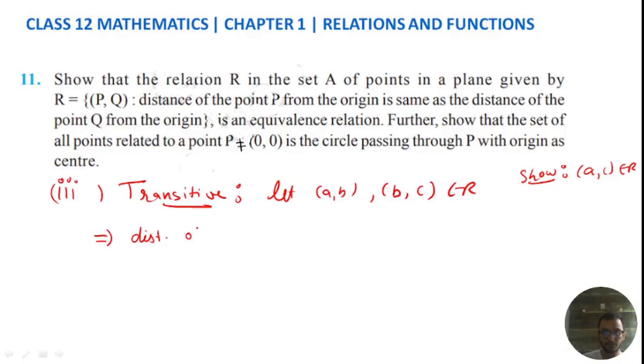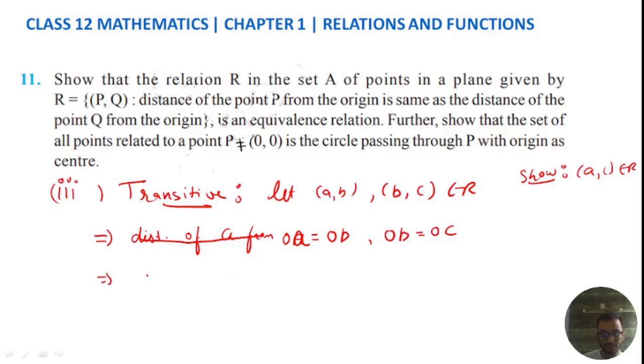So the distance of a from origin is the same as, I will write it as OA directly. When you are writing in the exam you should write it in sentence form. So the distance from origin to a is the same as the distance from origin to b, and the distance from origin to b is the same as the distance from origin to c.